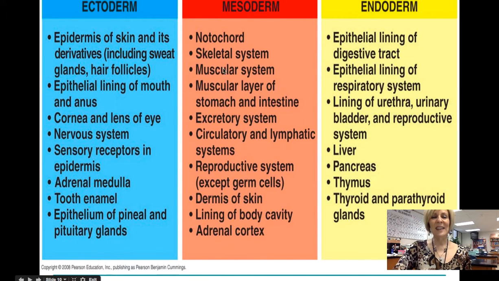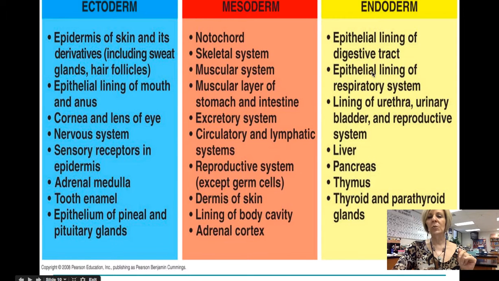So this is the outcome of what these different tissue layers, these germ layers, develop into. Ectoderm develops into our epidermis and nervous tissue and some other things that you can see here. Epithelial tissue is tissue that lines any opening in the body.